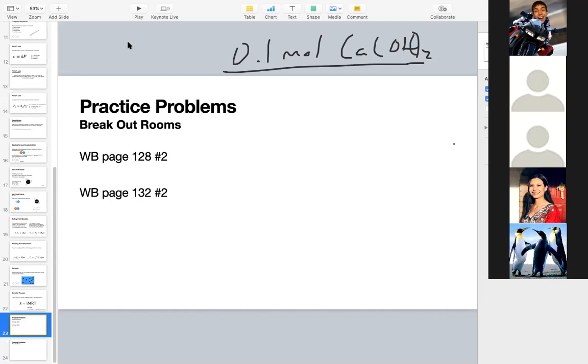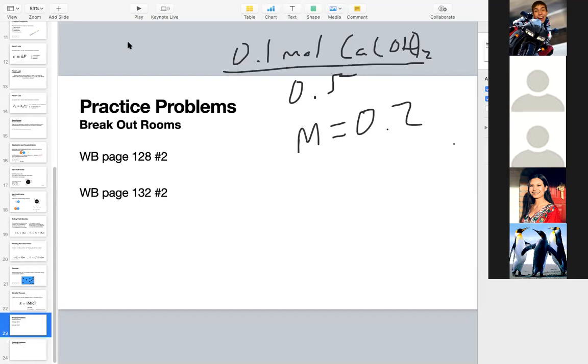So we would divide the 0.1 by 0.5, because we're changing grams to kilograms. So our molality will be 0.1 divided by 0.5, 0.2. So in this case, little m would be equal to 0.2.